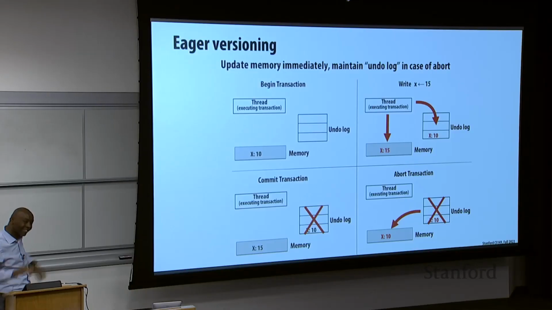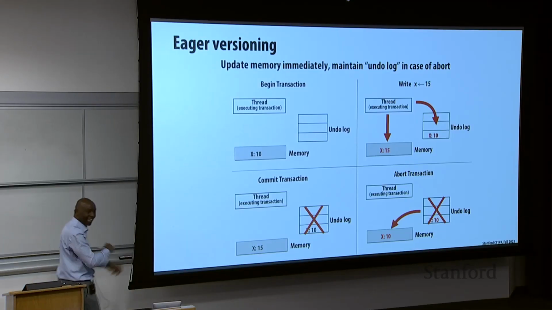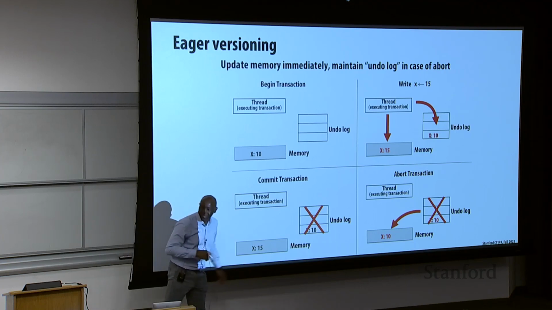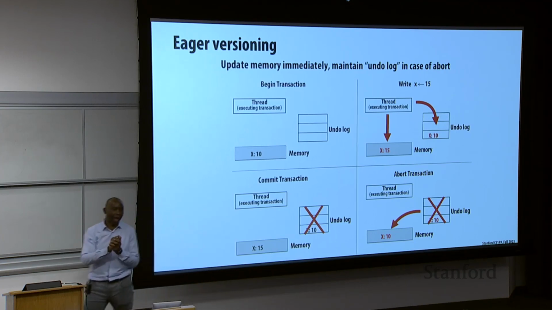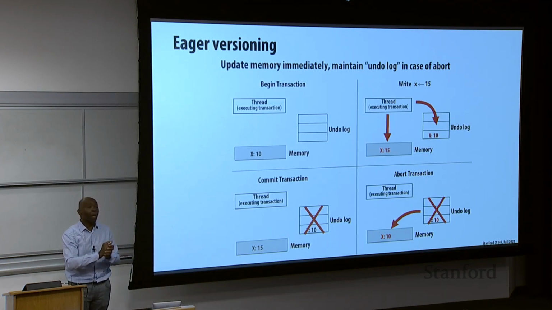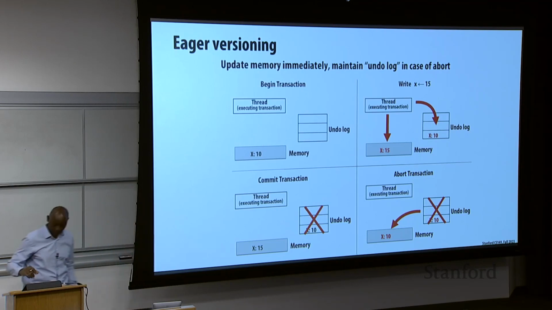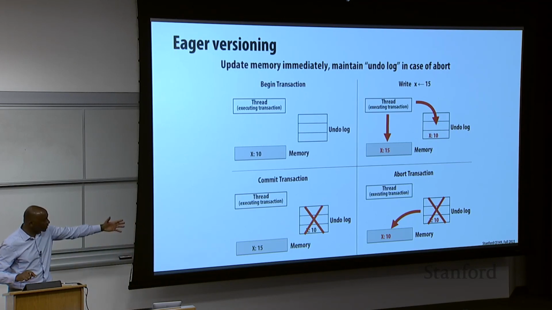Yeah. We're getting there. It has all sorts of impacts on the implementation of what you do, and we're going to talk about both hardware and software ways of managing this, right? So we have this undo log, and we restore memory to the state that it was before we started the execution of the transaction. Okay, so that's eager.